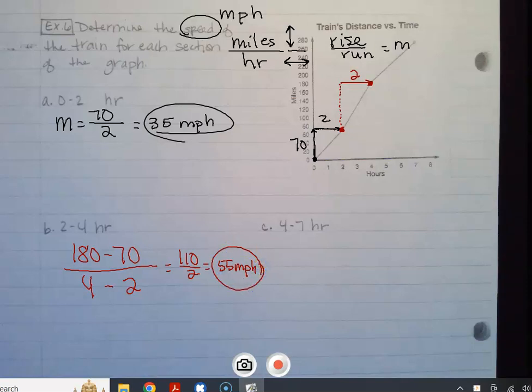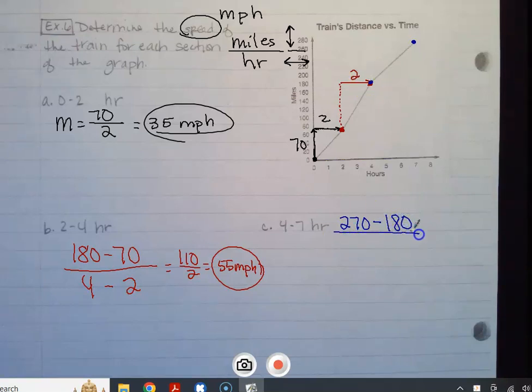Okay, and let's look at our last chunk, hours 4 to hour 7. What do we think? It's 270? Yeah, I would agree with 270. So 270 minus, where did we start? 180.